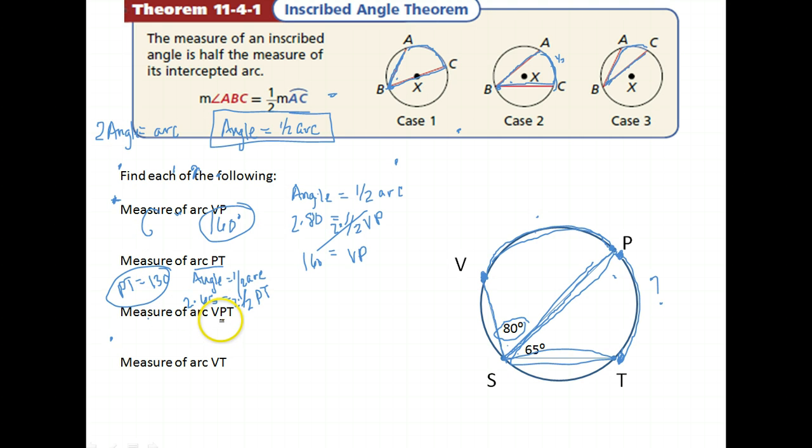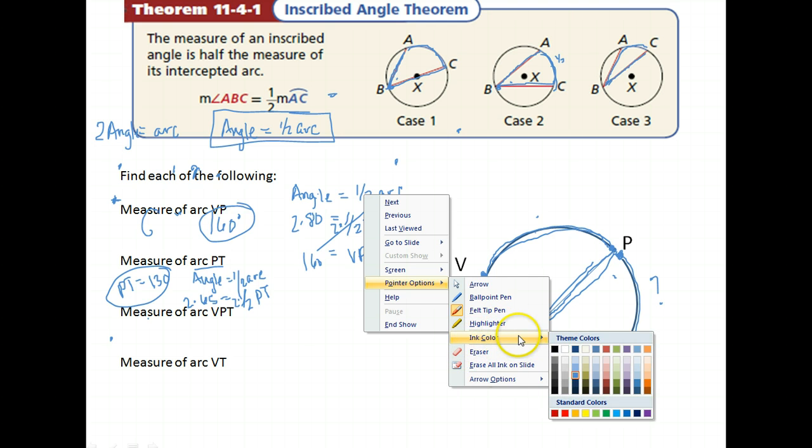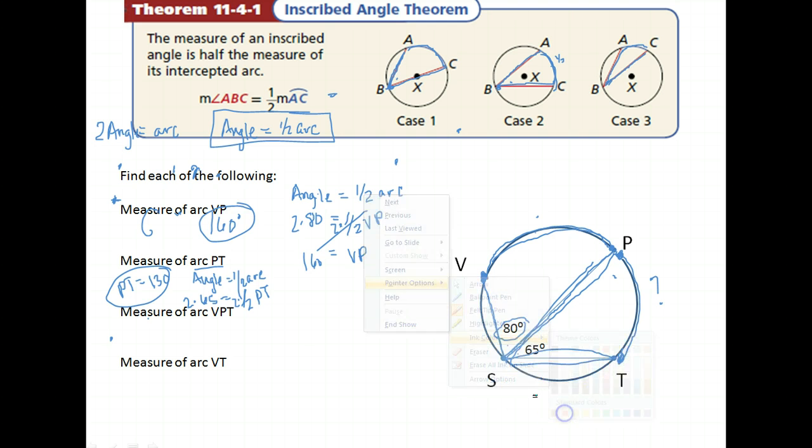Next, we're asked to find the measure of arc VPT. Let me change ink color so we can tell the difference here. So where is arc VPT? Remember, arc means you're going along the edge of the circle. We start at V, go towards P, on our way to T. So we go through P and continue around to T. This is the arc that they want to know the measure of.